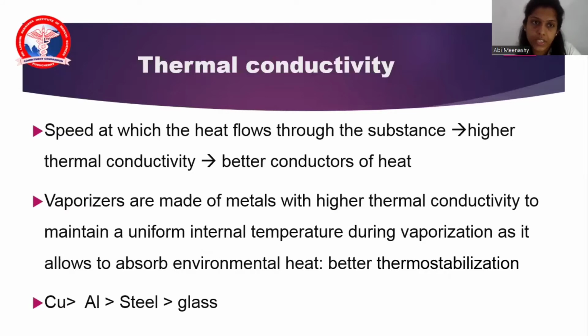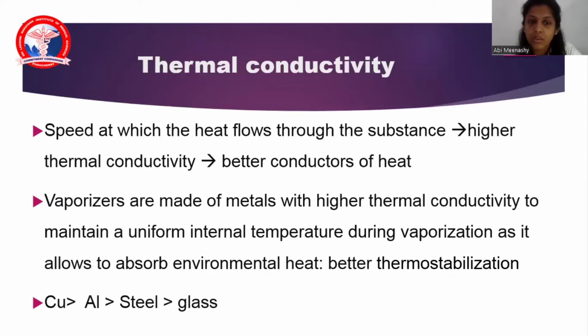Thermal conductivity is the speed at which heat flows through a substance; higher thermal conductivity means better conductors of heat. Vaporizers are made of material with higher thermal conductivity to maintain a uniform internal temperature during vaporization, because we don't want any fall in temperature.